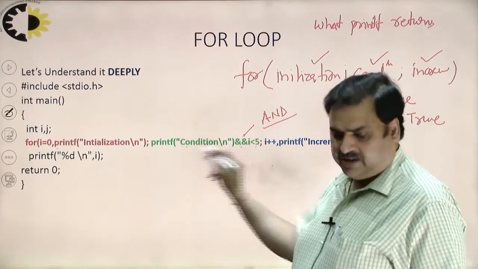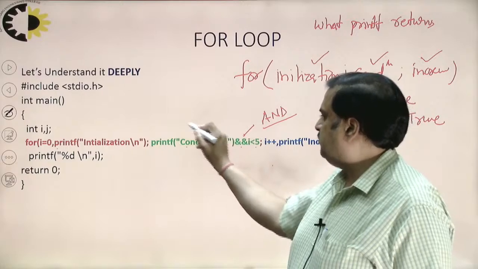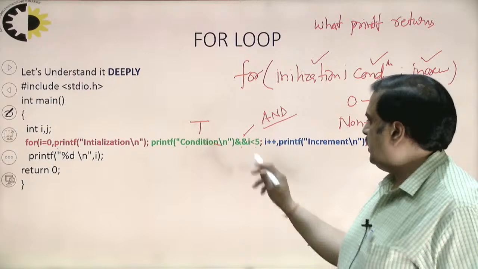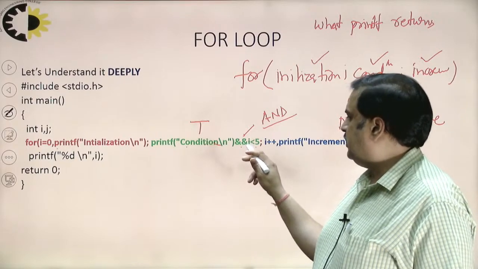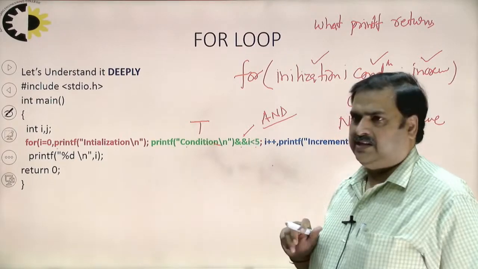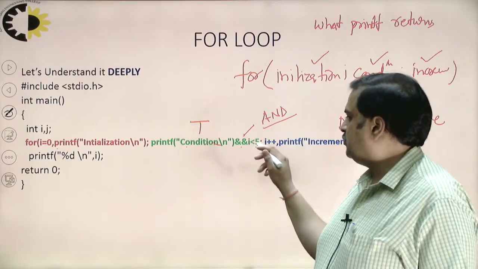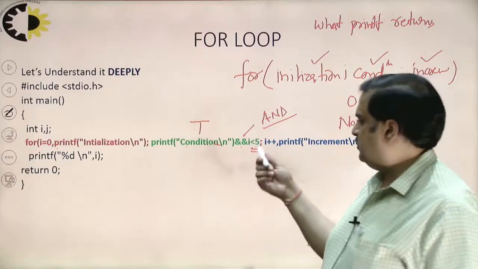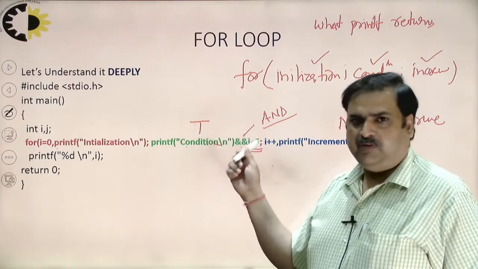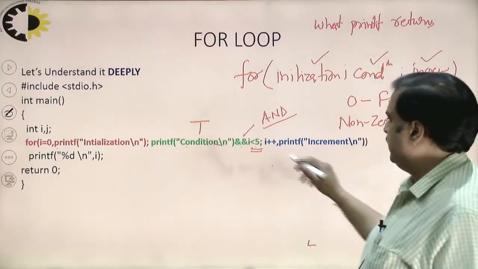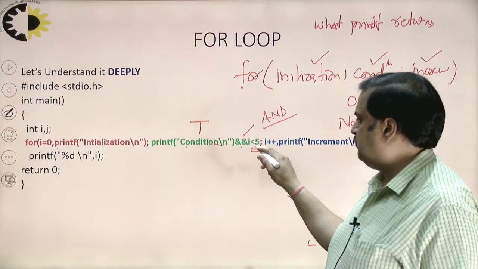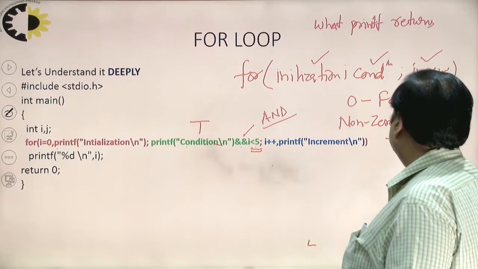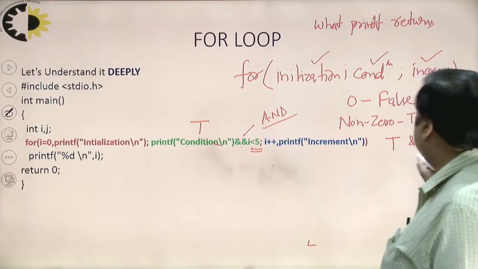So what will happen here? This will return 10, which means it is returning true, and we have taken true and i is less than 5, whatever condition we are having. So this condition will become the decisive condition. So our for loop will work correctly. Whenever i less than 5 becomes false, true and false will become false.